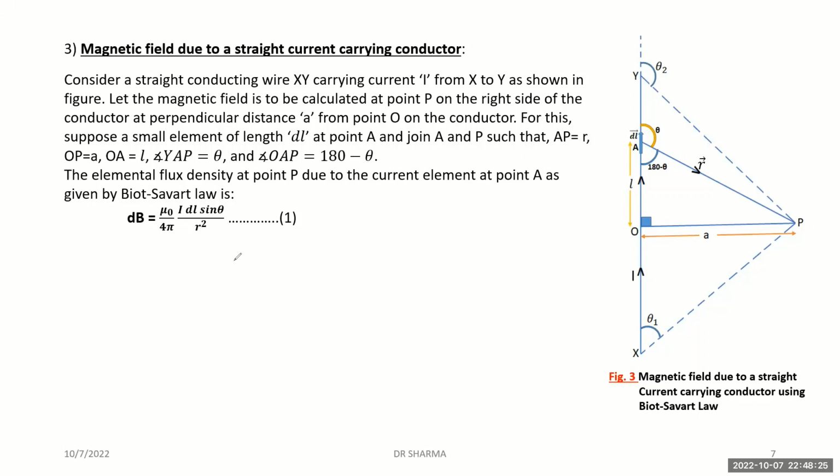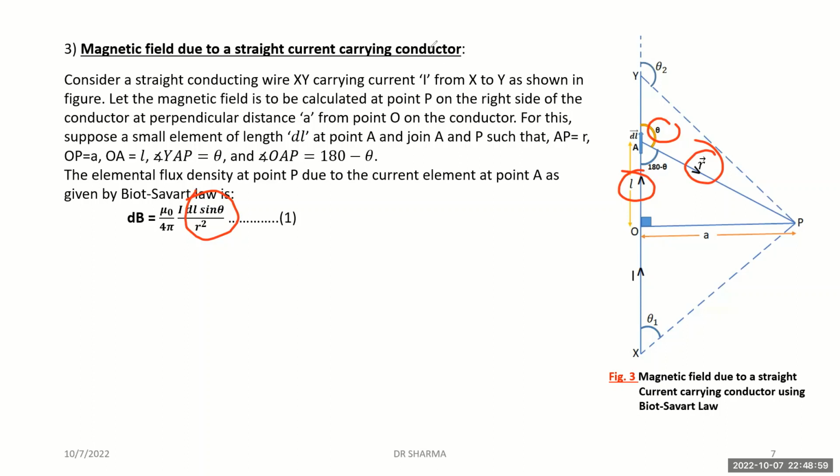As the position of the source point or the elemental length changes, this angle changes, length l changes, and correspondingly r also changes. So there are three variables here. We need to reduce this expression in terms of the single variable theta.